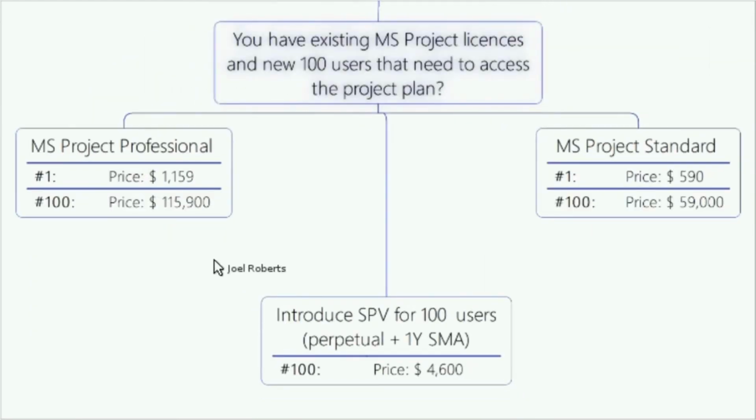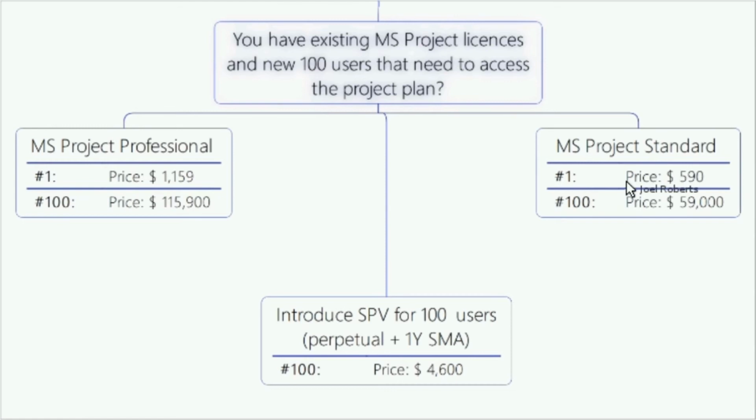The calculations are all the same, just like in the previous case. To cover those 100 users with Microsoft Project Professional would cost you 115,900 US dollars.